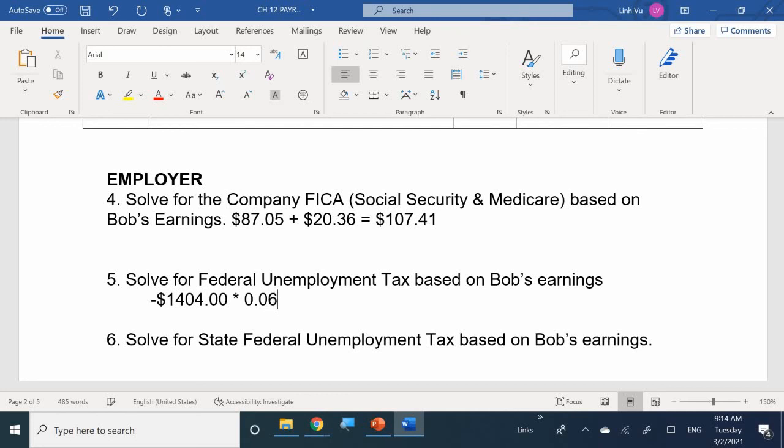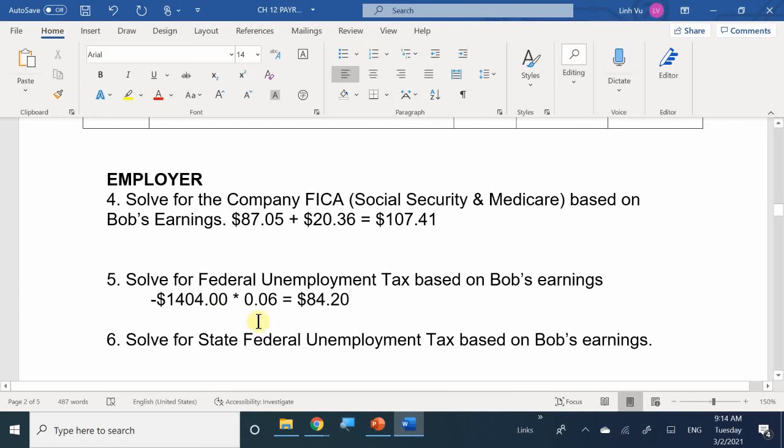For federal unemployment it's 6%. So what is 6% of the 1404? 84.24.